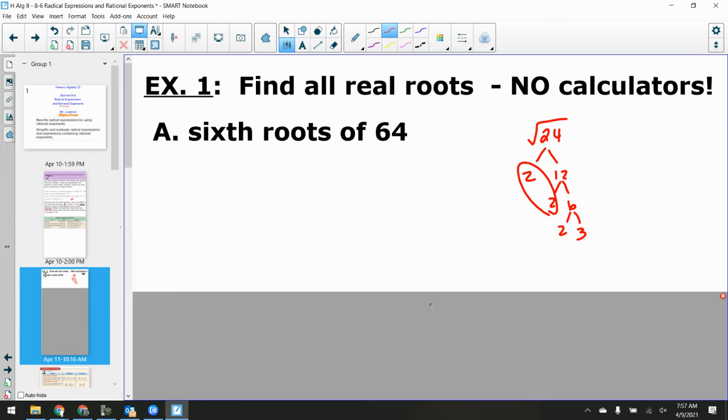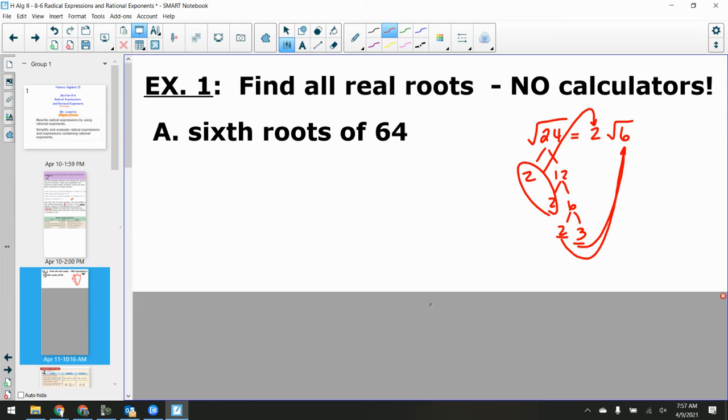That's the process you did before, and then you said, okay, that's 2 radical 6. The buddy goes on the outside, and the things that are left over go on the inside and multiply back together. That's how we did that before.